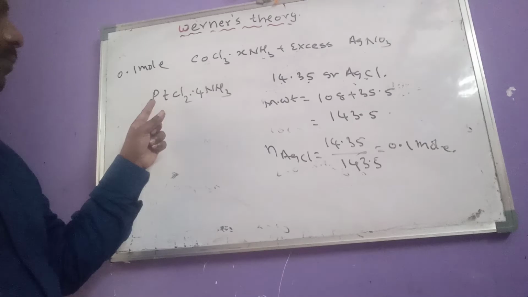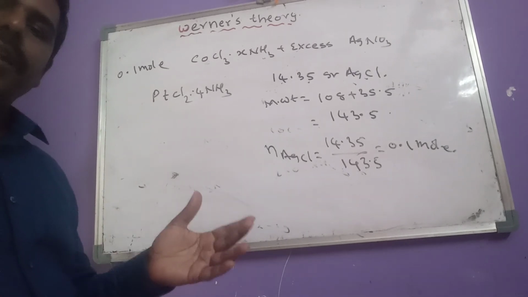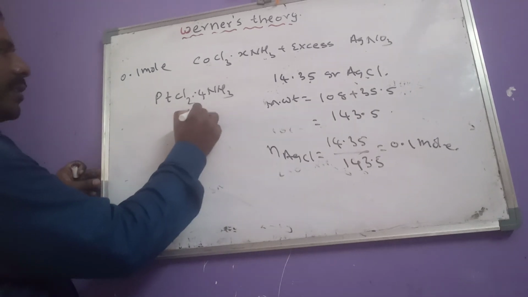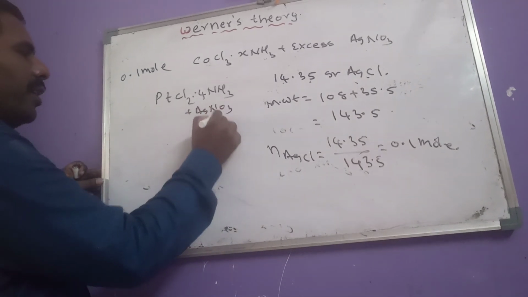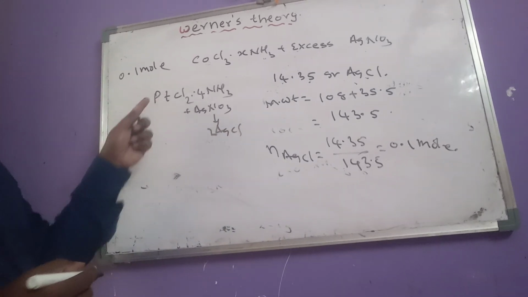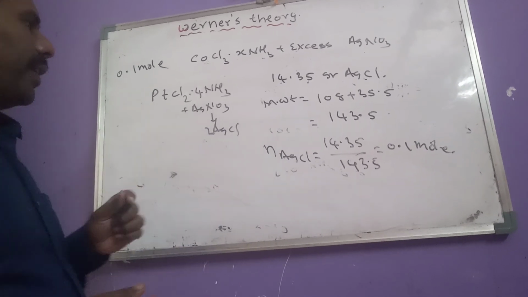What is the coordination number of platinum? They may also give this question. So whenever it is treated with excess of AgNO3, we got 2 AgCl precipitates. What is the coordination number or secondary valency of platinum?